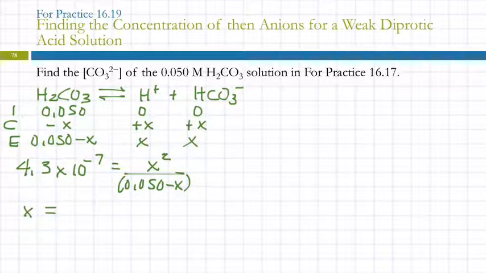So we end up with X being equal to the square root of Ka times that initial concentration: 1.5 times 10 to the minus 4. That's sounding familiar.